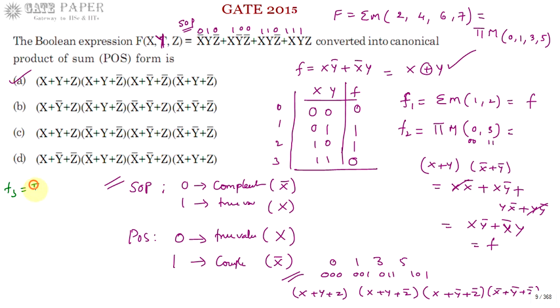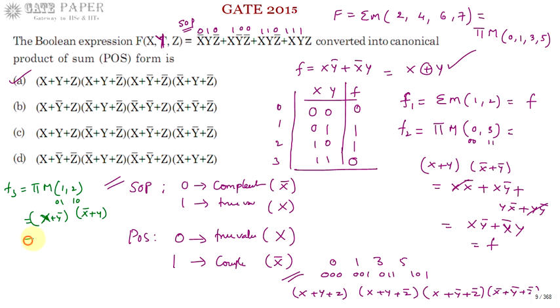Now I am writing F3 as product of 1, 2. 1, 2 is 0 1 and 1 0. So you can write it as (x plus y bar) multiplying with (x bar plus y).